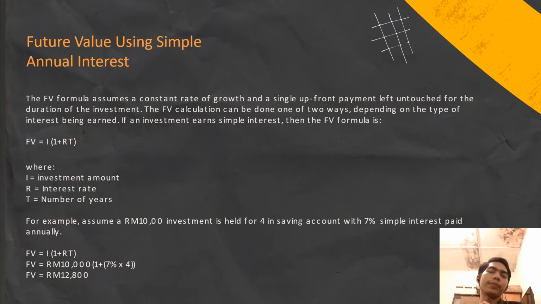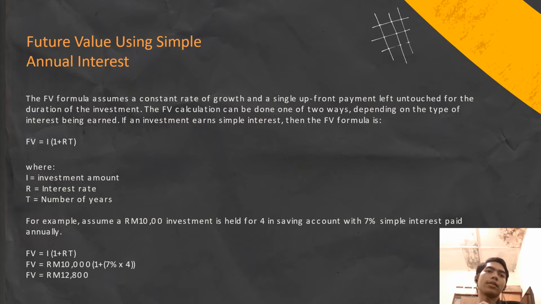For example, assume a 10,000 investment is held for 4 years in a savings account with 7% simple interest paid annually. So just take the amount and put it in the formula.